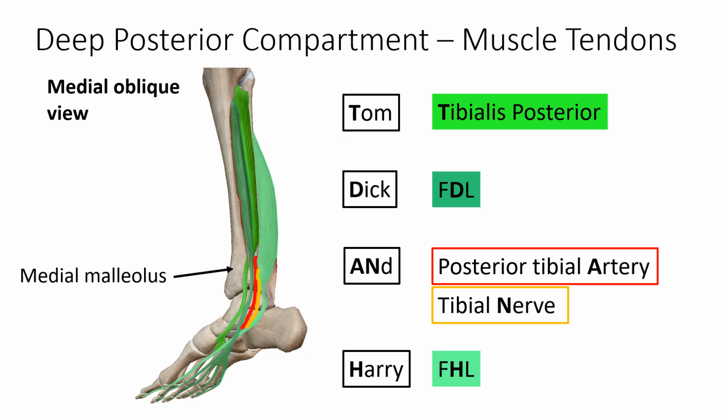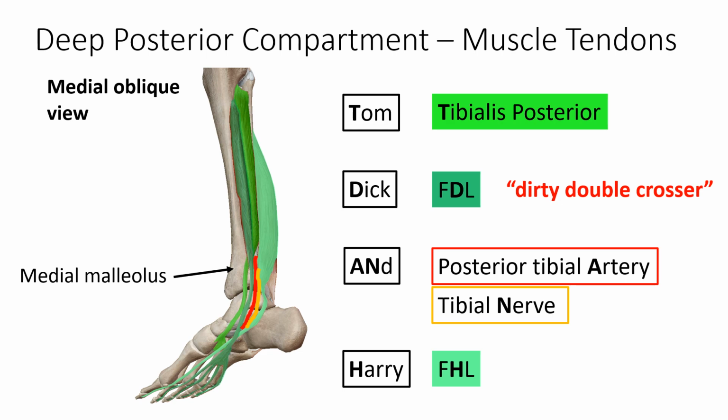So it's really important to use this mnemonic right at that medial malleolus and not above and not below, because at this medial malleolus, this is the exact order that you will see these structures in. That's also important because for our FDL, another part of the mnemonic is Dick is a dirty double crosser, and he crosses both Tom and Harry.